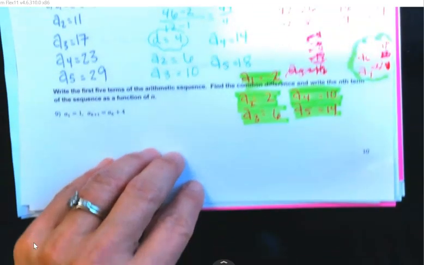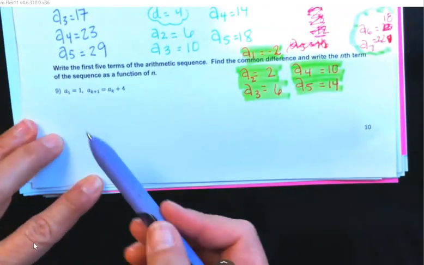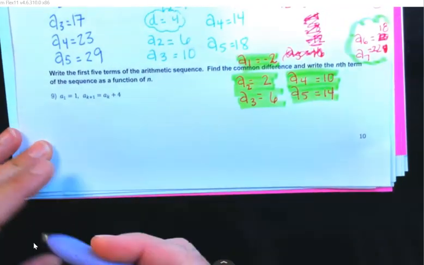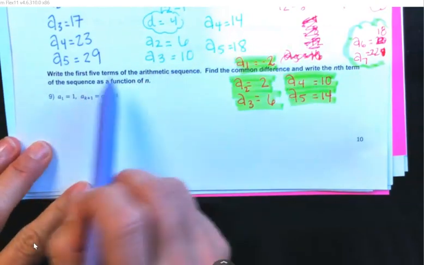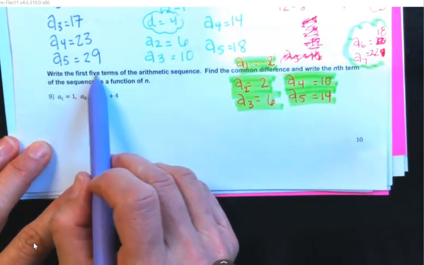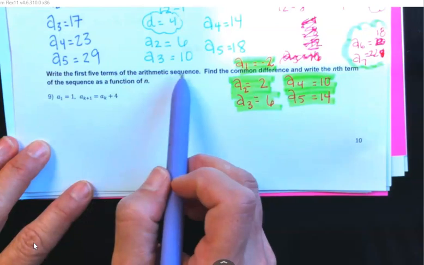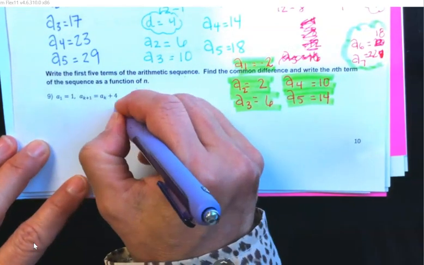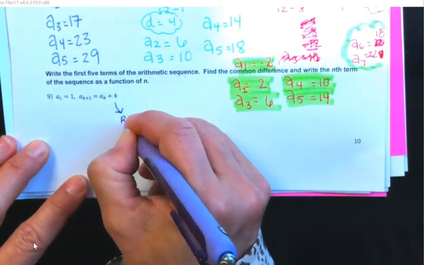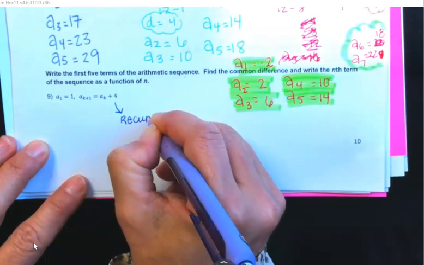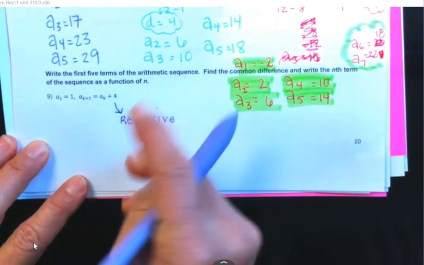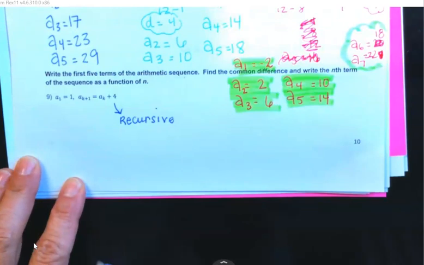Moving on. Number 9. Number 9 has several pieces of information, so please make sure you read it. The first one, it says, find the first 5 terms of the arithmetic sequence. Remember, this is recursive. So that 4 is the D value.